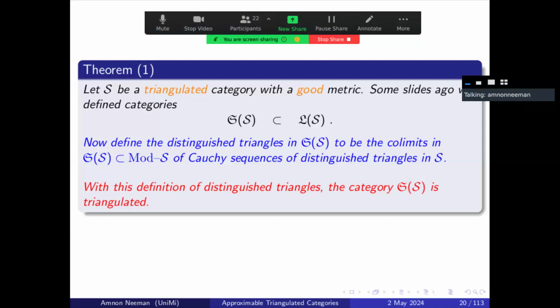And here I gave you a recipe, which didn't take me too long, and started with a triangulated category, okay, with a metric, and out of it produced another. Of course, examples are in order, because if I always get 0, you will not be impressed. Or if I always get S, you will not be impressed.